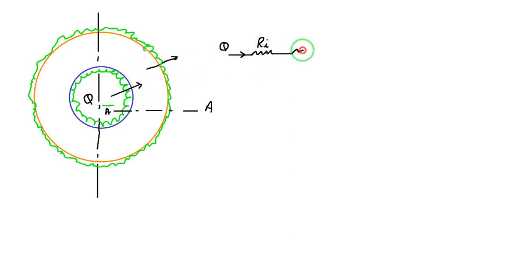Then there is fouling taking place, Rfi divided by Afi, so fouling is on the surface area. Next it passes through this portion, the thickness of the tube, so there is a resistance R.